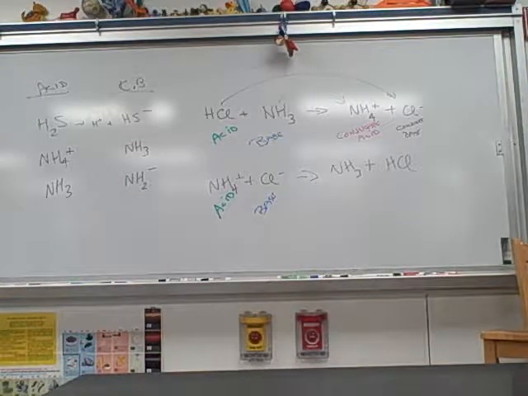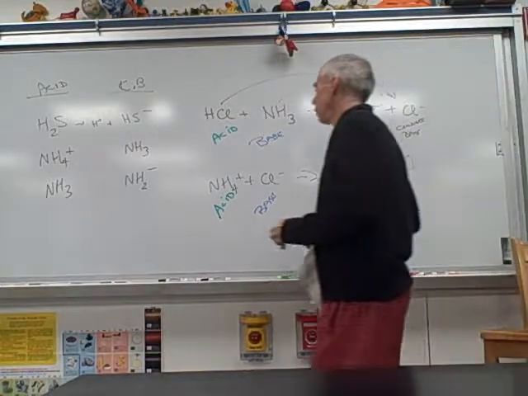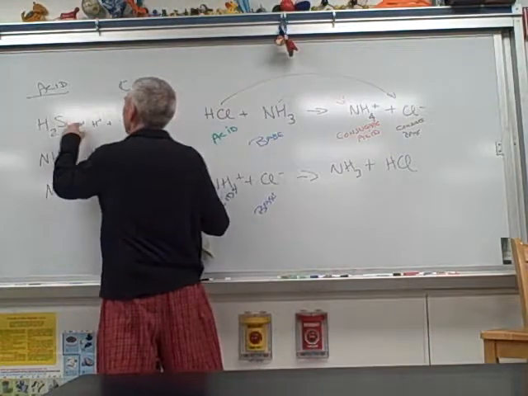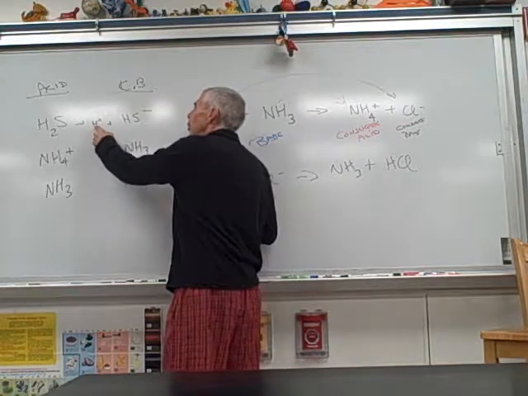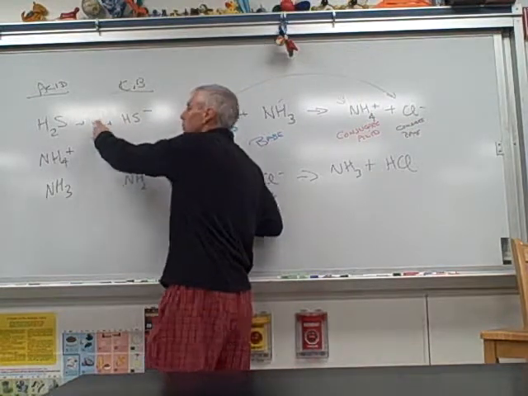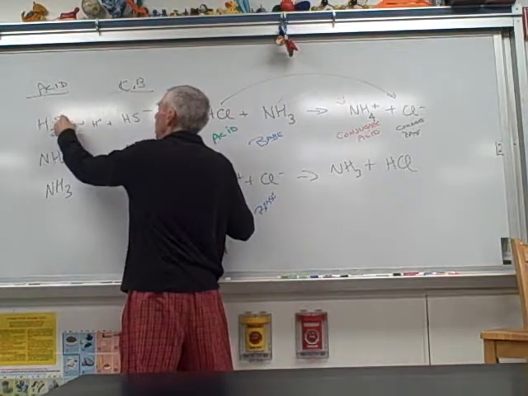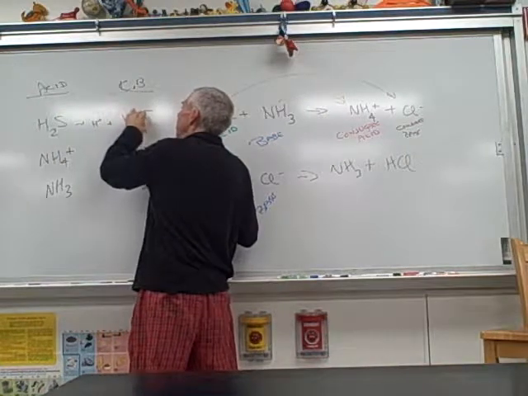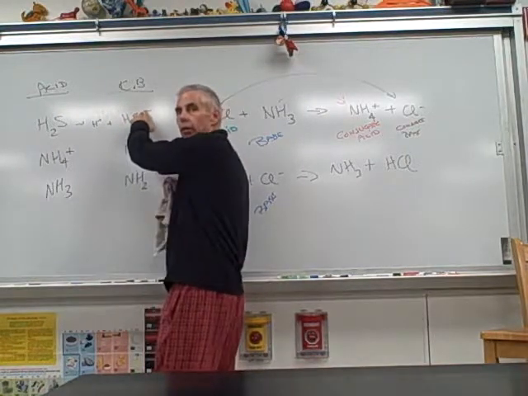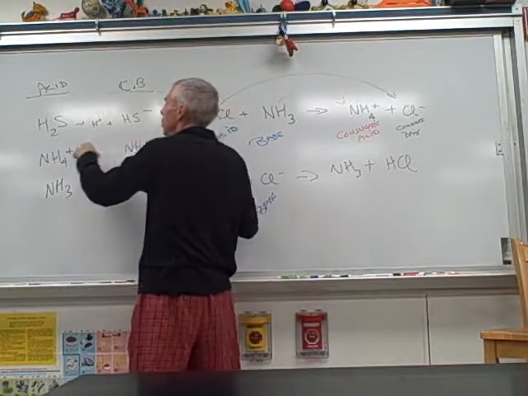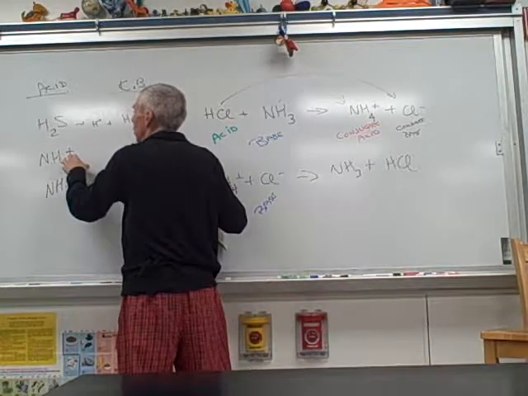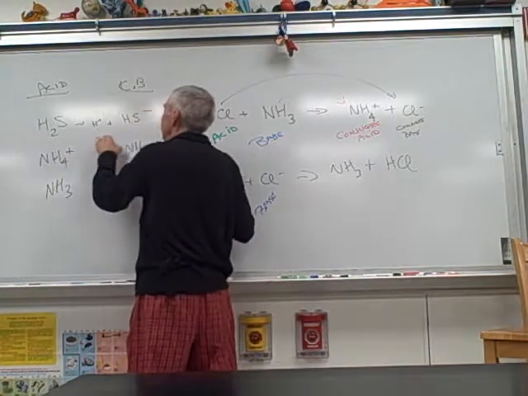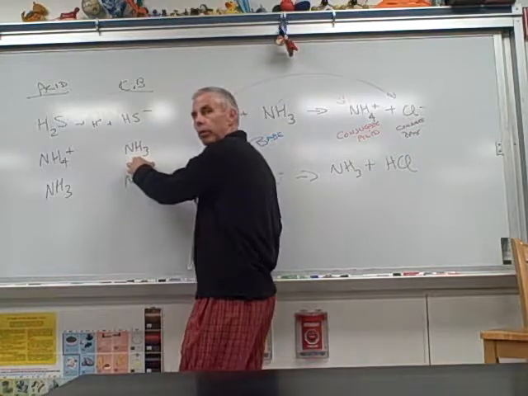Are you seeing it? Yes, ma'am. Can you explain the charges on the conjugate bases? Absolutely. So what you're losing is an H which is positive. So if this was neutral, it's now lost one positive charge, so it's now negative. This one was positive 1, it's lost one positive charge, it's now neutral.